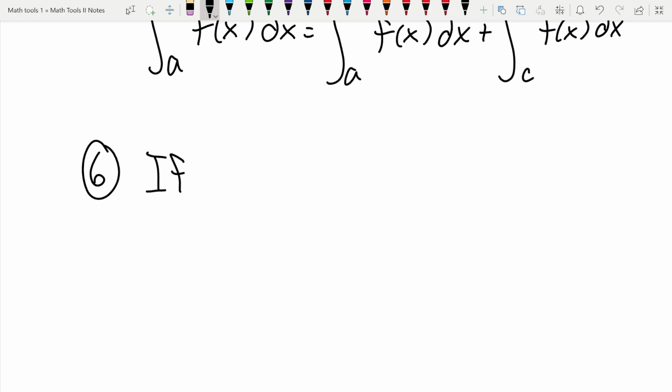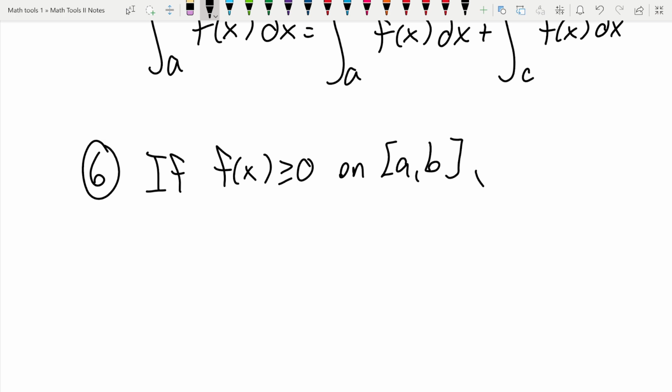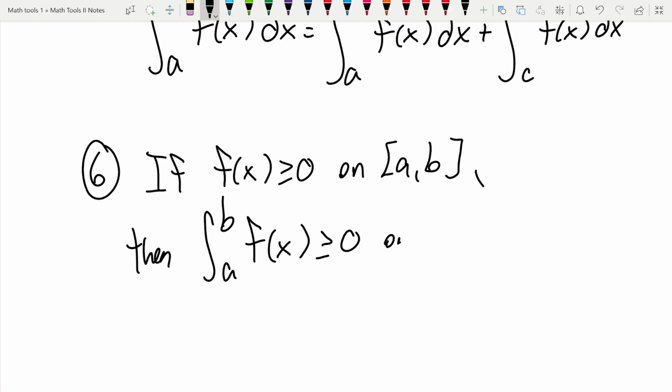This one says that if f of x is greater than or equal to 0 on [a, b], so if f of x is positive on [a, b], then the area is also going to be positive.